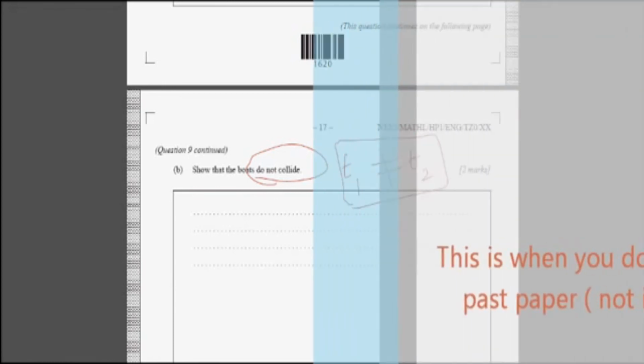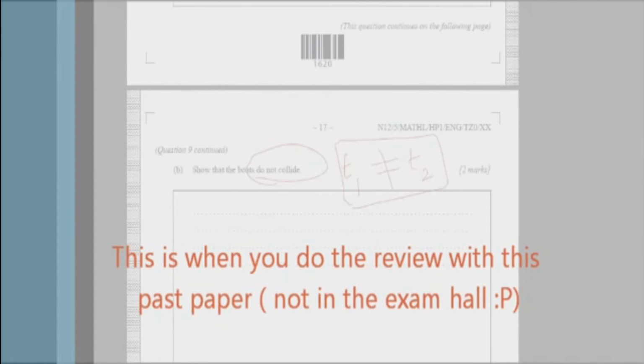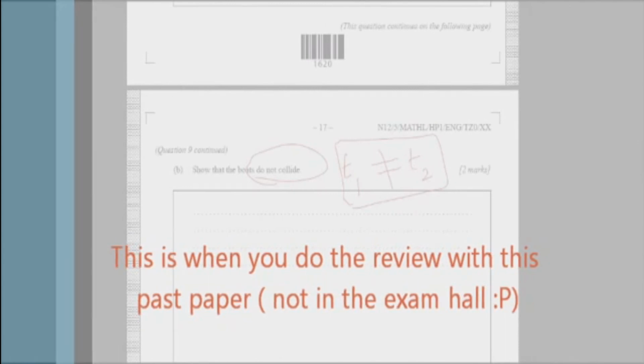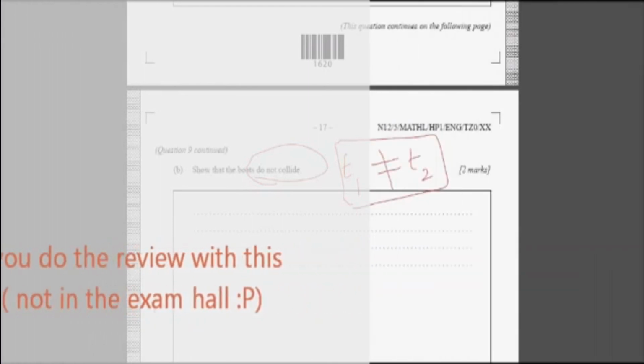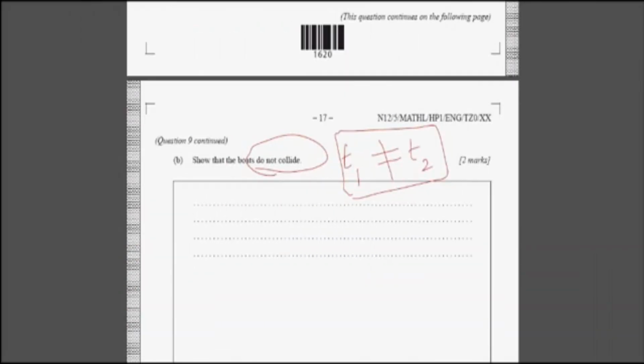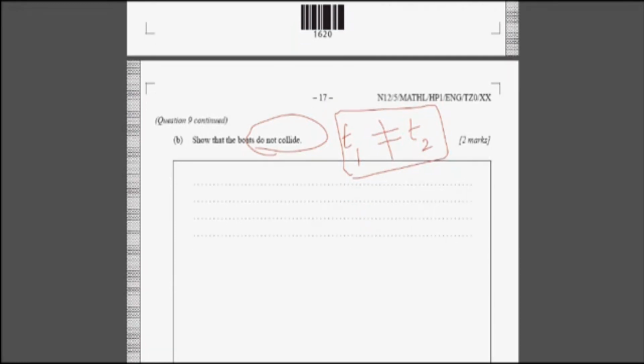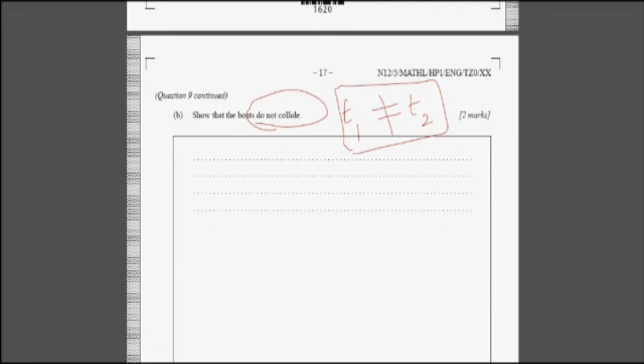No, you go back to the chapter, go read them completely, do some problems from the exercise, and then come back to this question. Please don't look at the marking scheme and say, okay, fine, this is it. That is not enough, because various problems with various methods are still there where you have to show that t1 is not equal to t2, but that needs a lot of practice. It means that you have not practiced enough if you can't do this question.